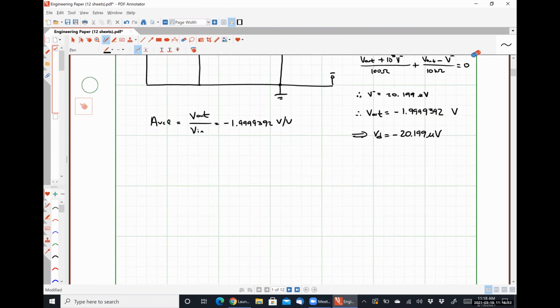Very, very brief review of Ohm's law. If I have a black box under test, I'm going to write this as DUT for device under test, and I want to determine its resistance. How can I do it?